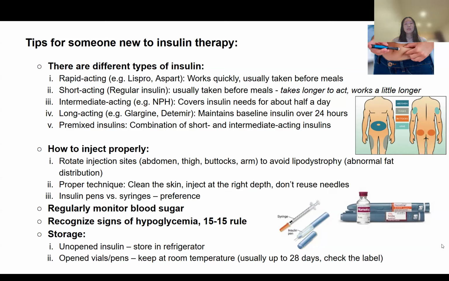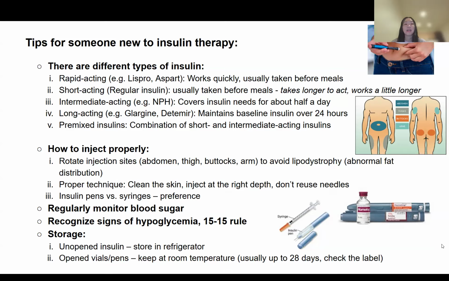With insulin, it's really important that consumers are regularly monitoring their blood sugars. We want to make sure that they're keeping track of how it can change based on their insulin doses or based on what they eat, and also that they're aware of hypoglycemia, which is one of the most common side effects of insulin, since you are dropping that blood sugar to control it.